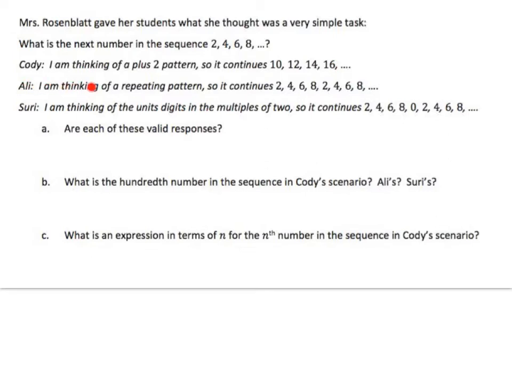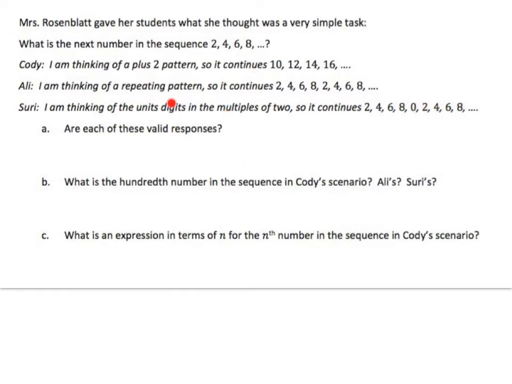Allie, I am thinking of a repeating pattern, so it continues 2, 4, 6, 8, 2, 4, 6, 8. Surrey, I am thinking of the units digits of the multiples of 2, so it continues 2, 4, 6, 8, 0, not 10, 2, 4, 6, 8.